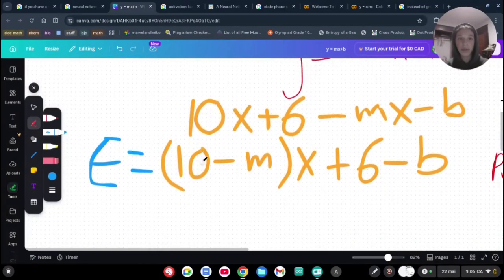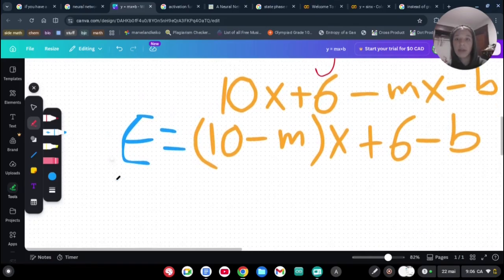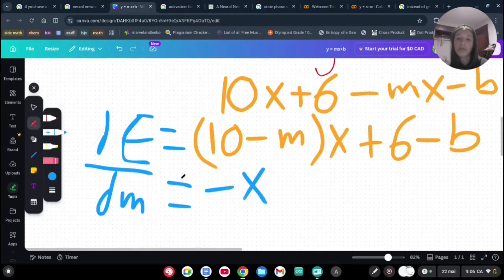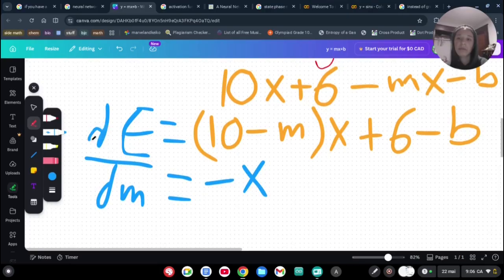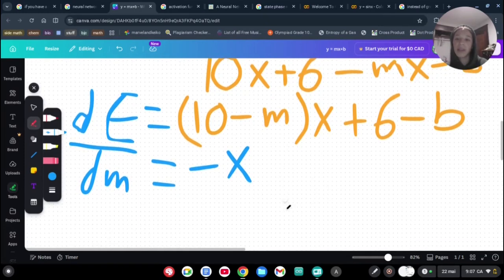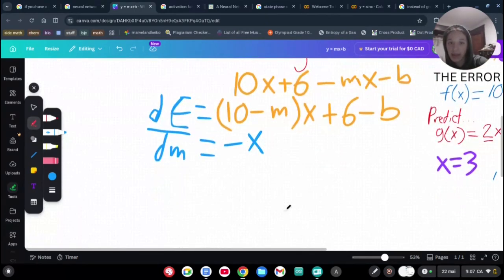And what do I want to do first? I want to find the best m value, maybe, so the best weight I can use. So I'll differentiate my error with respect to my weight. So dE over dm is just equal to minus x. And then what else? If I have dE over db, that's just minus 1.